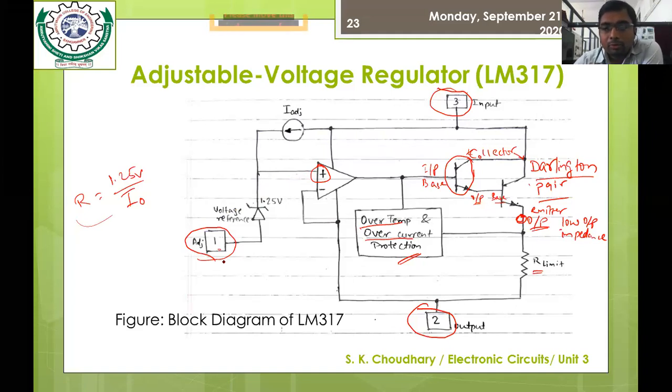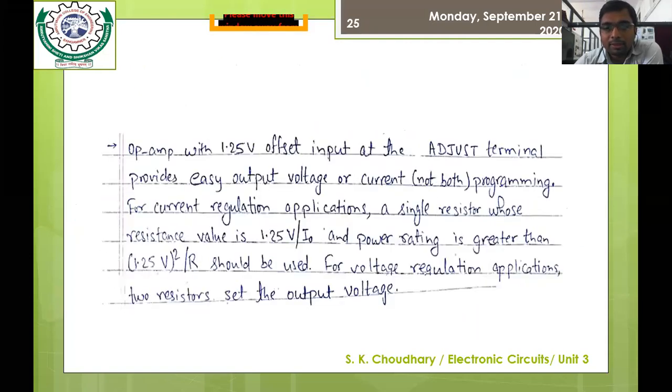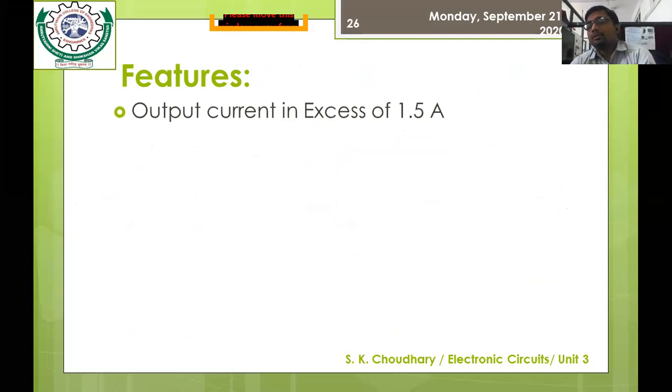Now we have to learn the features of this adjustable voltage regulator. What are the important features we have to see? The first feature is output current in excess of 1.5 ampere. So it will provide a maximum of 1.5 ampere output current.